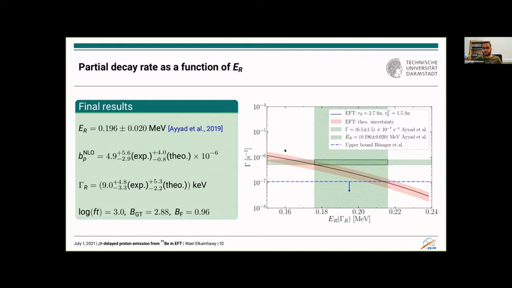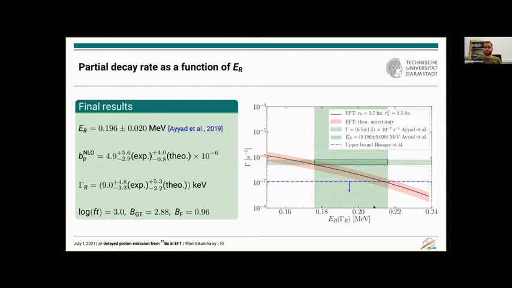So the solid black line is our EFT prediction if we vary the resonance energy, and the red band is our theoretical uncertainty given again by 40%. And then we have two green bands here. So the horizontal green band is the result from the experiment by Ayat for the partial decay rate, including the uncertainty.